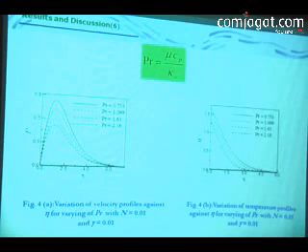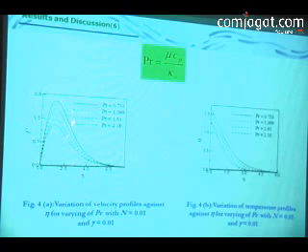That means when the Prandtl number increases, then viscosity increases. When the viscosity increases, then the velocity decreases. That means when the Prandtl number increases, then the velocity decreases.